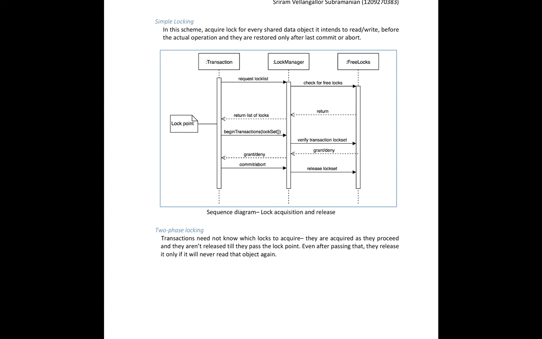Finally, when the transaction has completed execution, it would start releasing all the locks and resources that it had acquired, and this is the second phase of the locking protocol. And even after the lock point, they release the locks only if the transaction is sure that it would not read that object again.